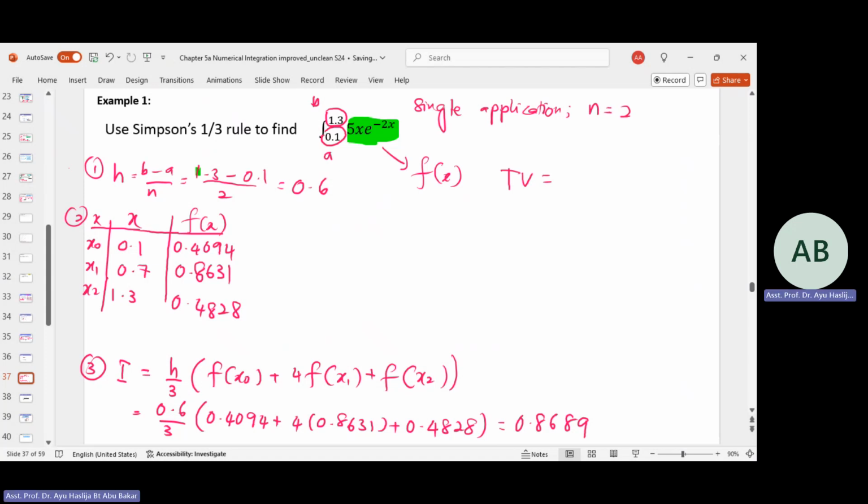True value, use calculator. What do you get? True value? Correct. 0.8939, true value.